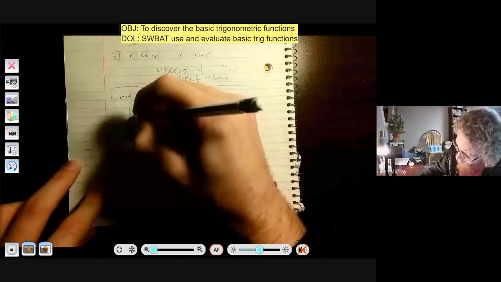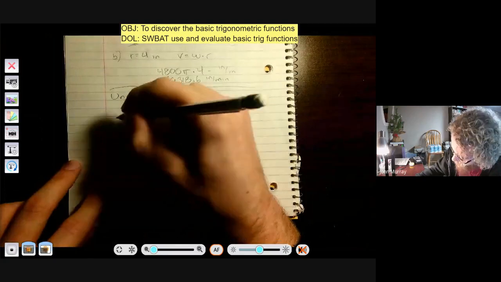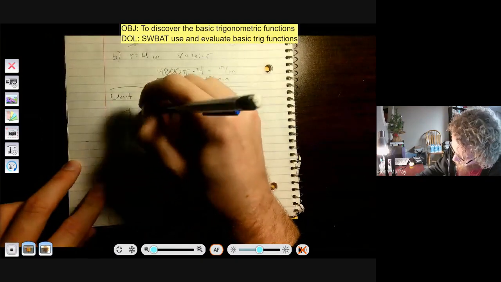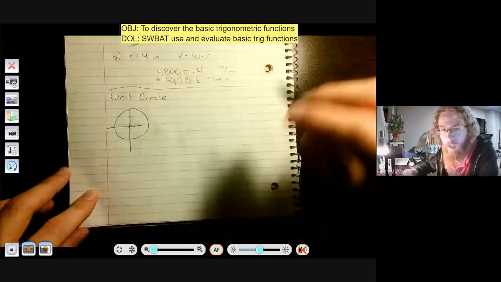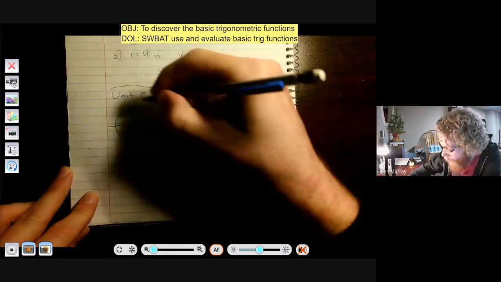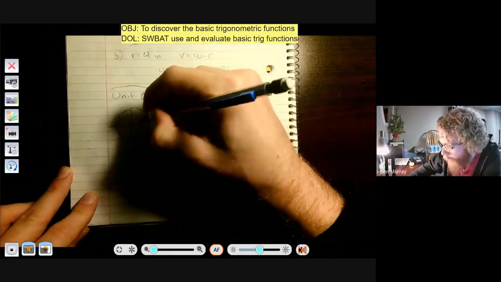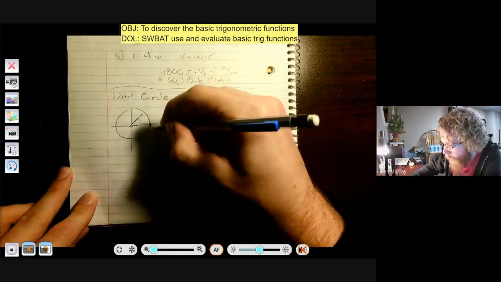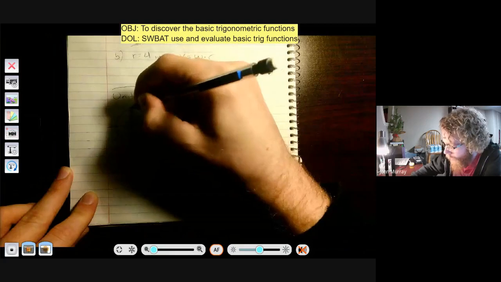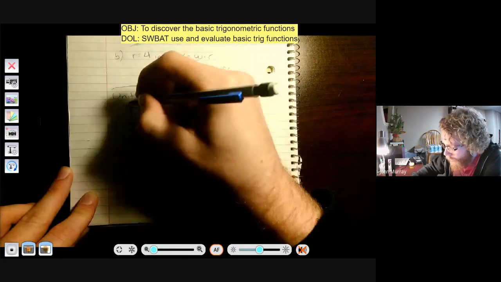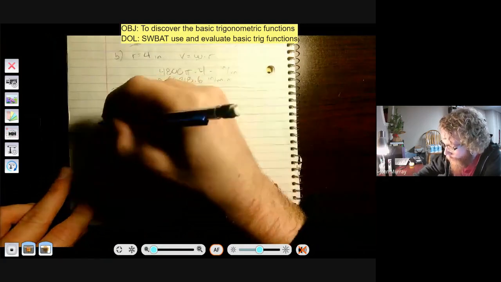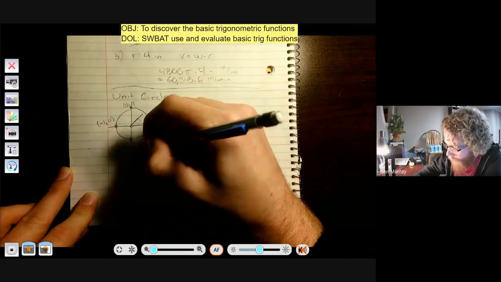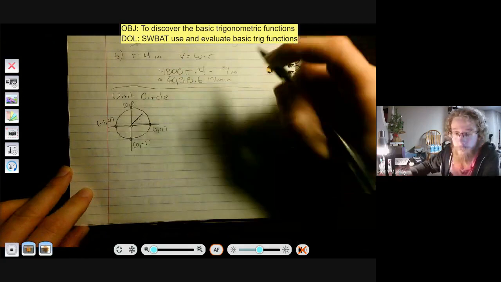All right, so our unit circle, if you remember from algebra, is a circle that's centered at the origin, which has a radius of 1 unit, right? So over here we have the point (1, 0). Up here we have (0, 1). Over here we have (-1, 0). And then down here we have (0, -1).